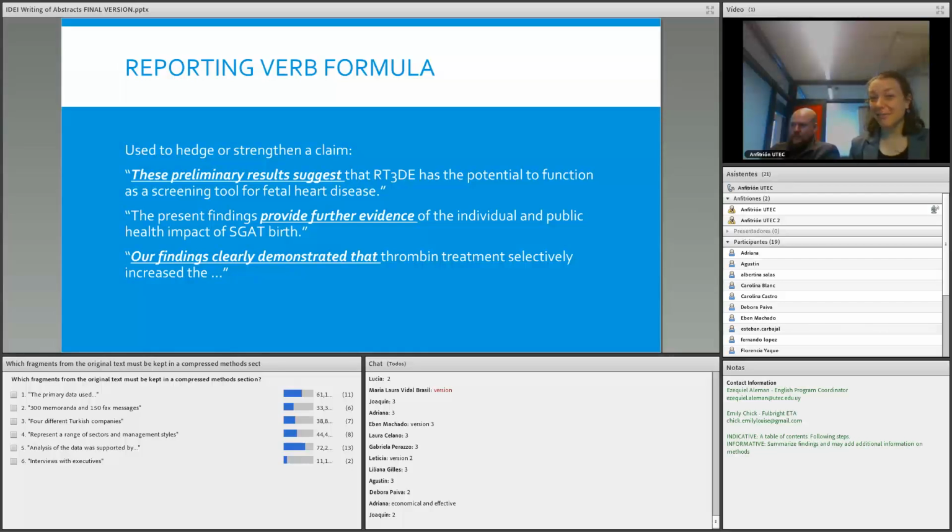So you aren't saying it very directly, you're saying there's still some doubt left. Or it can strengthen your argument by saying the present findings provide further evidence, or our findings clearly demonstrate that. Usually, since abstracts are such a short amount of space, it might be better to omit these, unless you're using them for a good reason, to either hedge or strengthen a claim.